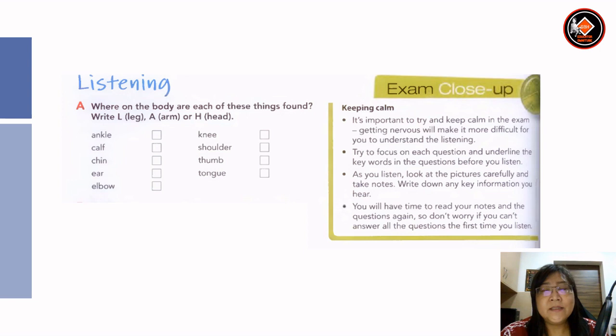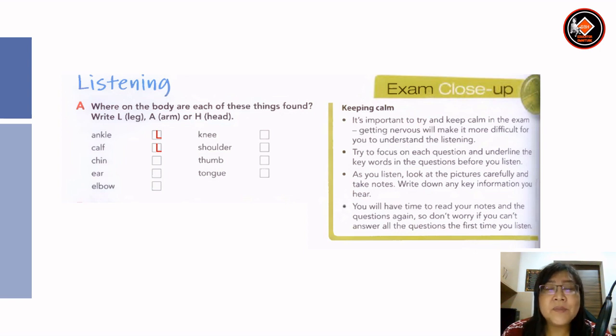Let's look at the exercise. A. Where are the body parts found? So here we have L for leg, A for arm, and H for head. Ankle. So where can you find ankle? So the answer is L. So it is part of the leg.